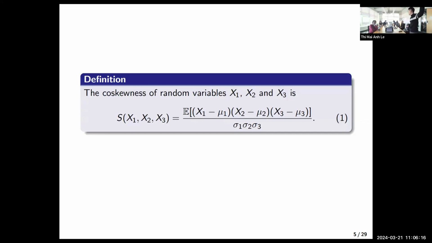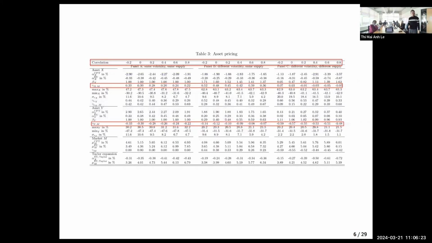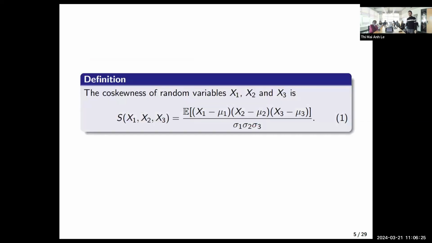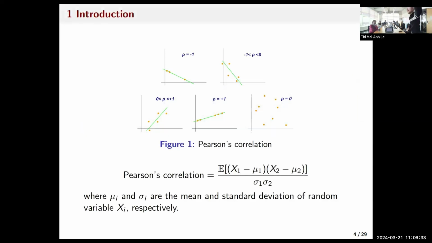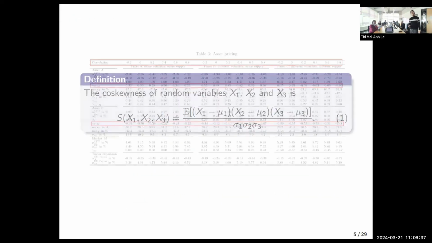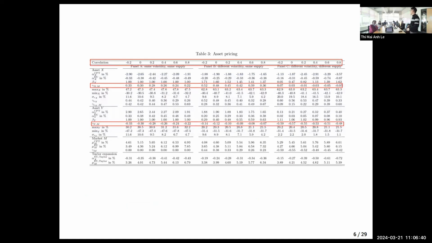We will introduce another type of coskewness in the following section. At first glance, we may think that the coskewness here is only a one-dimensional extension of the correlation.